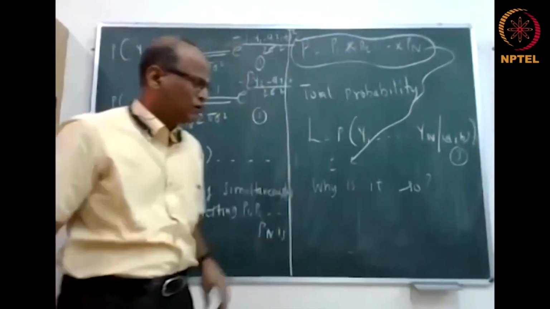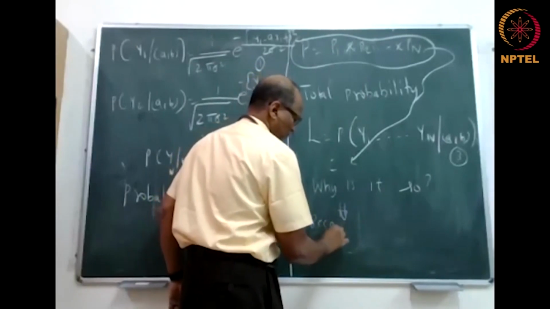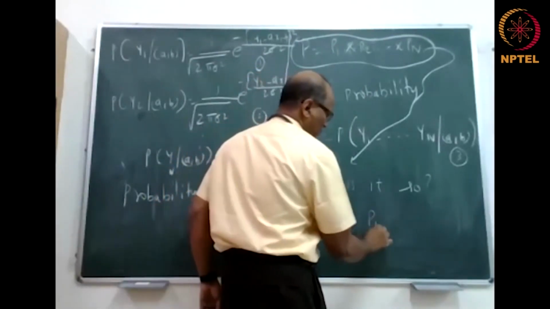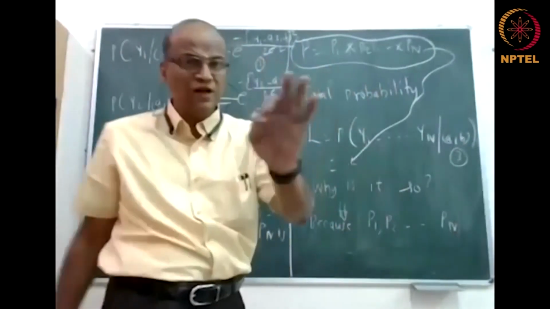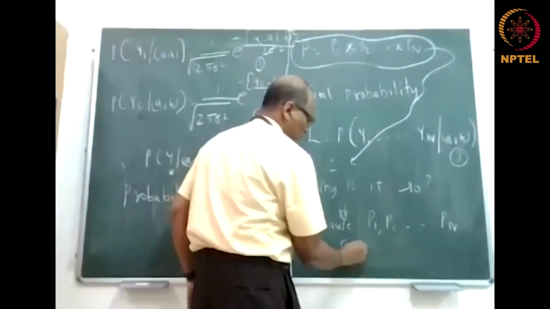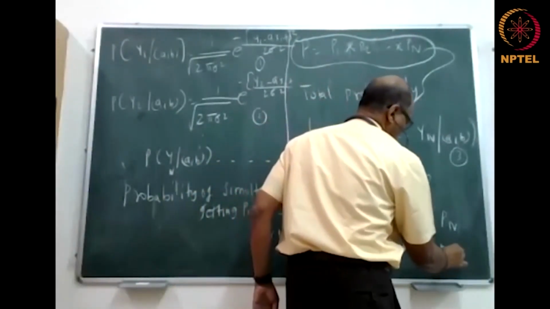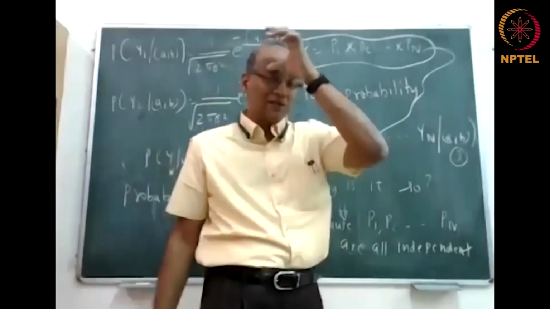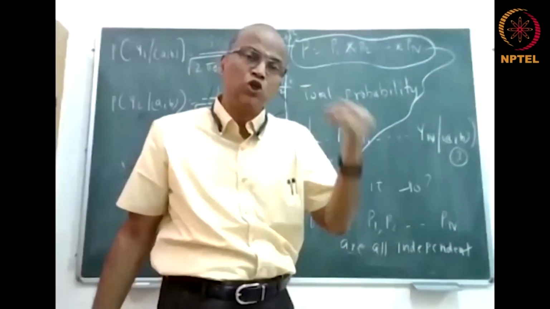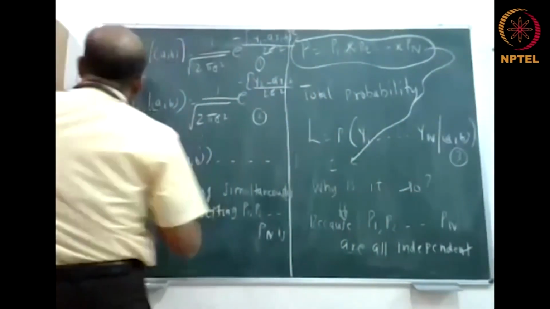Because they're all independent. Therefore, this L is called the joint probability density function.